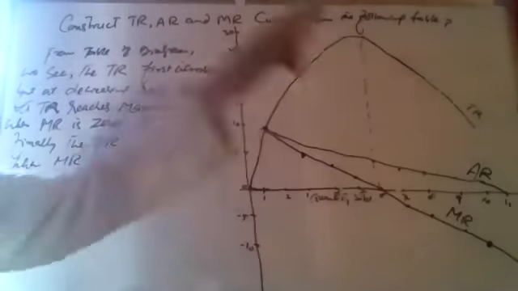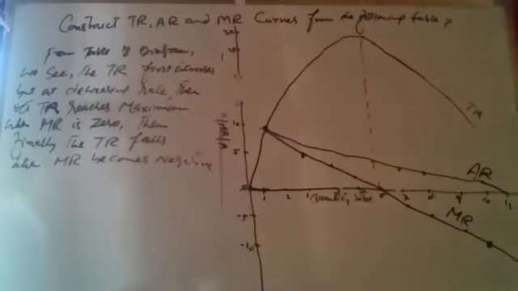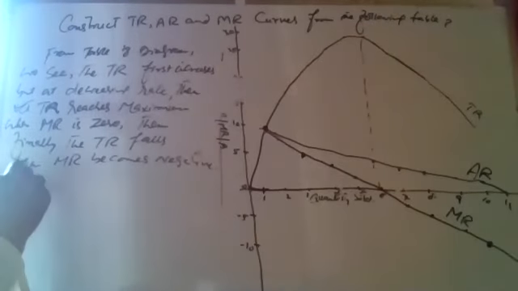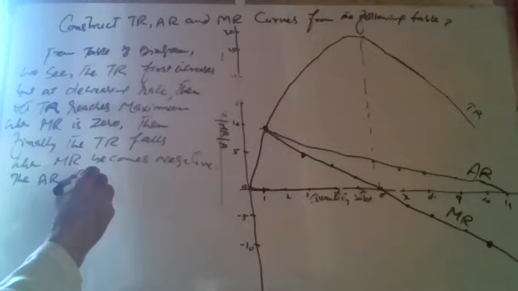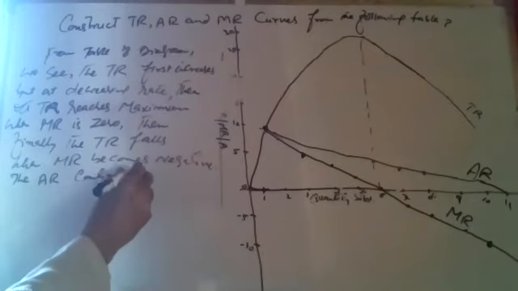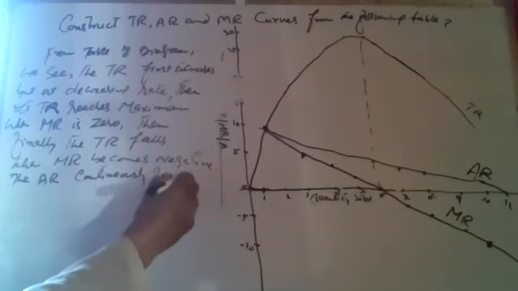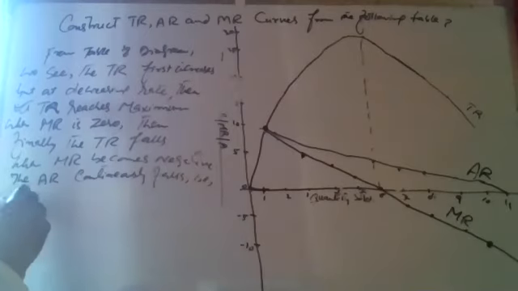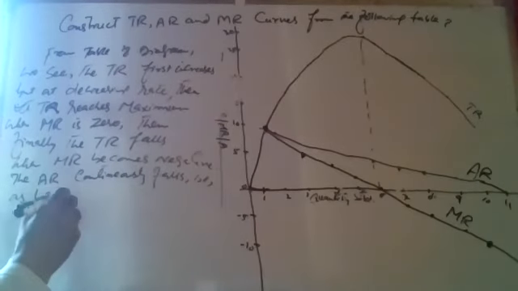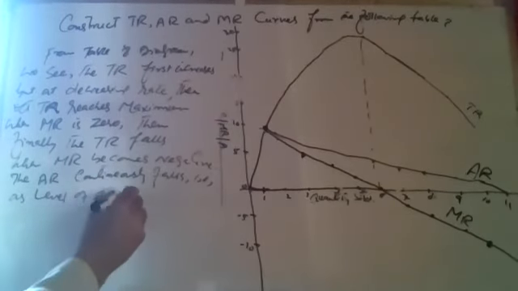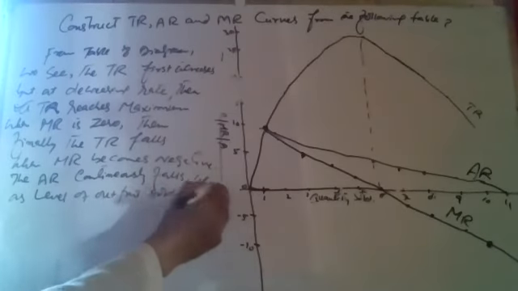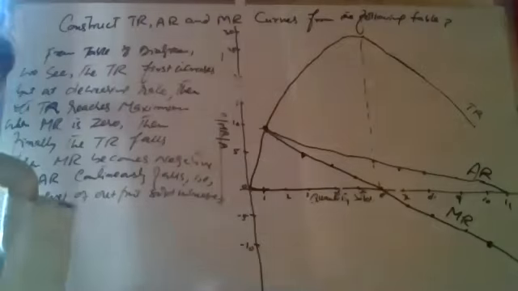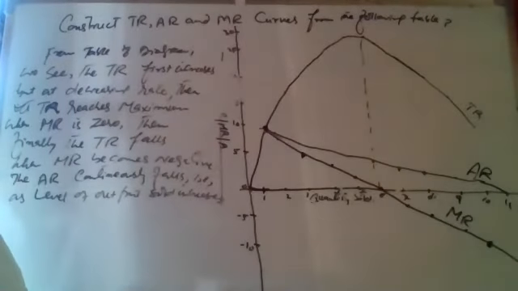The average revenue continuously falls as the level of output sold increases. Why does it fall when output sold increases?